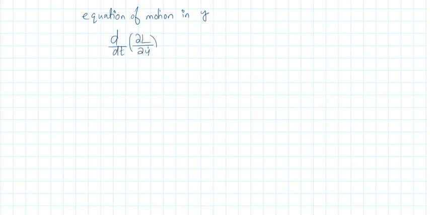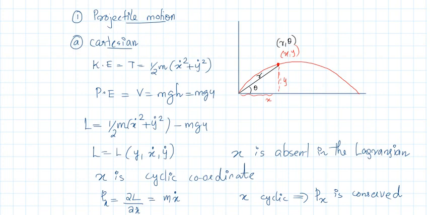Now, the equation of motion in y. It is d/dt of ∂L/∂ẏ minus ∂L/∂y equal to 0. Here ∂L/∂y is minus mg, because this is a partial derivative of L with respect to y.